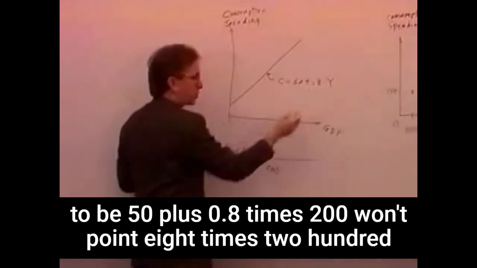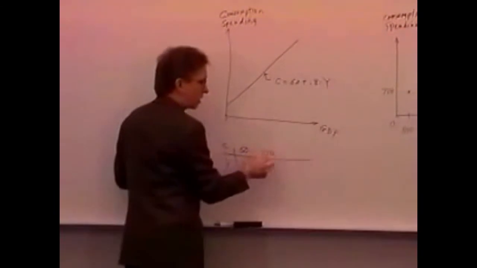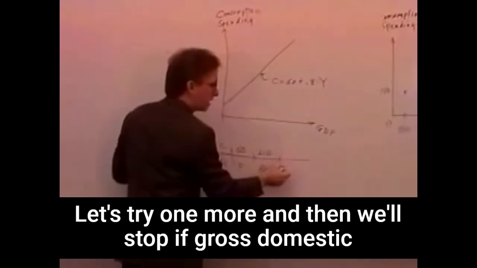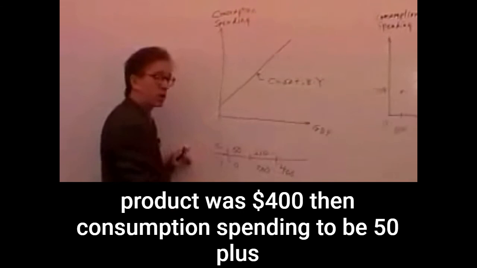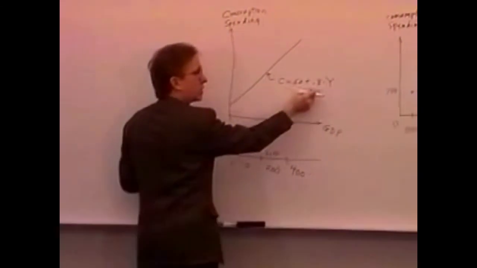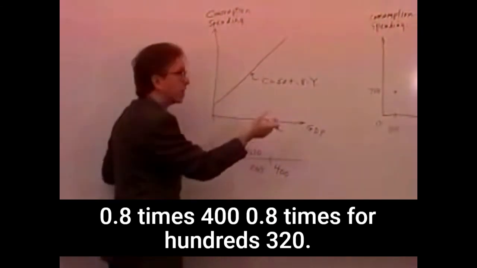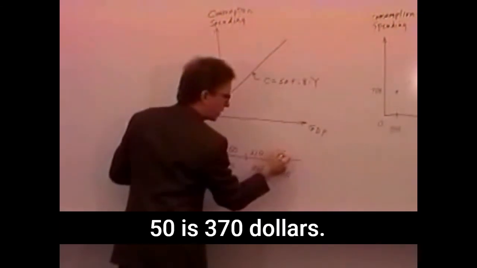Well, 0.8 times 200 is $160, plus 50 is 210. Let's try one more and then we'll stop. If gross domestic product was $400, then consumption spending would be 50 plus 0.8 times 400. Well, 0.8 times 400 is 320, plus 50 is $370.